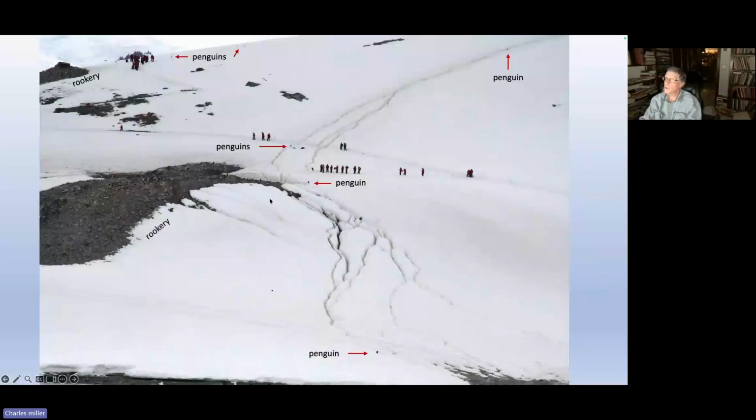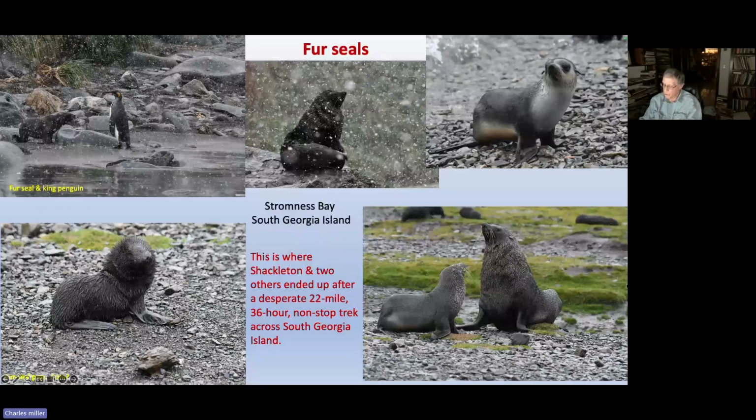And then this is a rookery back here, but you can see more of the penguins. This is what you see. So really fascinating. And then these are more of the fur seal pups. And this is a small pup. We were told to stay, I can't remember, 20 feet away from the wildlife.